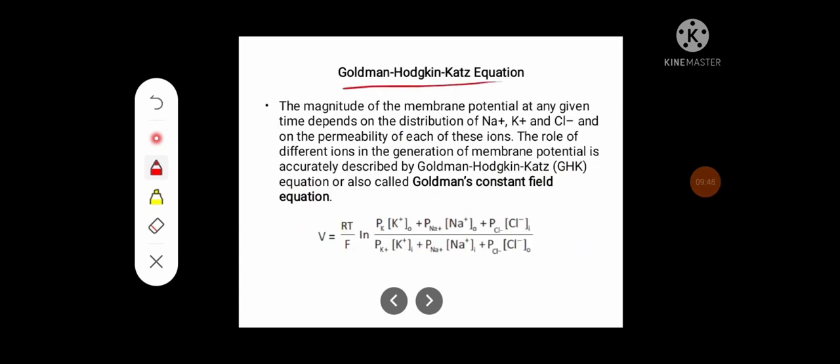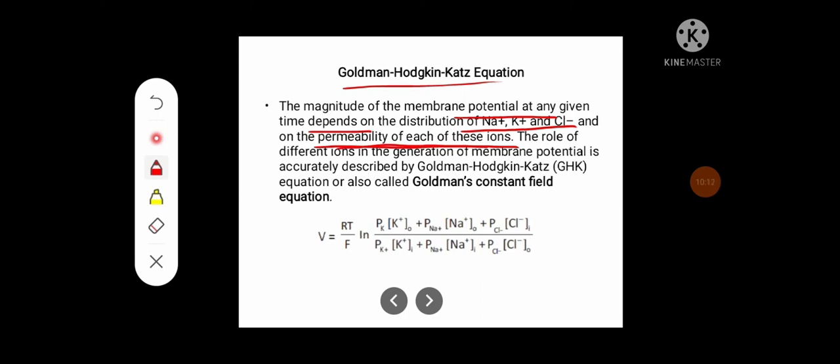Goldman-Hodgkin-Katz equation gives the magnitude of membrane potential at any given time, depending on the distribution of sodium, potassium, chloride, and on the permeability of each of these ions. Okay, so the resting membrane potential mainly depends on the equilibrium potential of sodium, potassium, chloride, and on the permeability of these ions across the cell membrane.